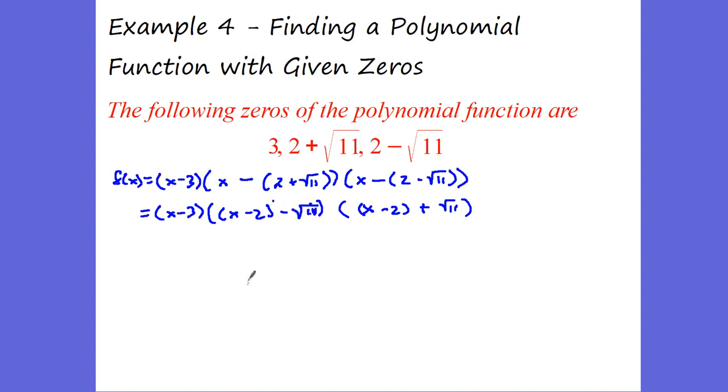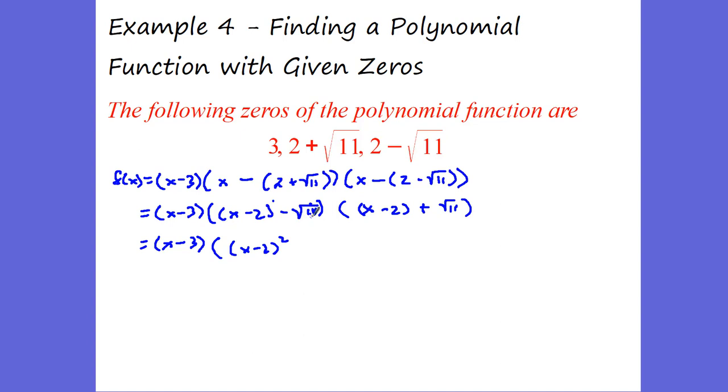Square root 11 there. Now you might say, Aiden, how did this help me out? This is one of those functions where when we do the FOILing, look at the middle value. It's the exact same thing, but one's a minus and one's a plus, which means the middle value is going to cancel out. And so we have x minus 2 times x minus 2, which is x minus 2 squared. The middle numbers cancel out.